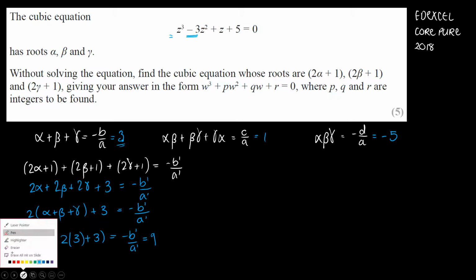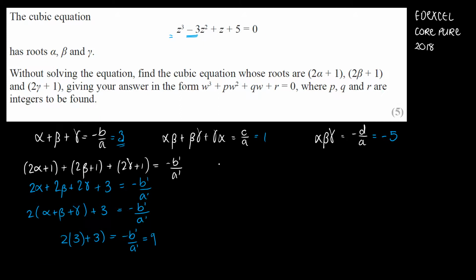So bolstered by our current success, let's go for that for the second set. So this is new alpha and new beta, new beta and new gamma. So I'm just popping in the pairs here. New gamma, new alpha. That must equal new c over new a.